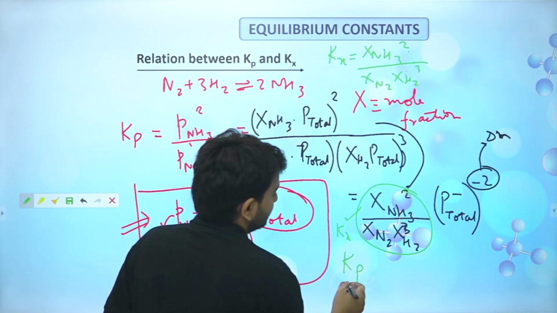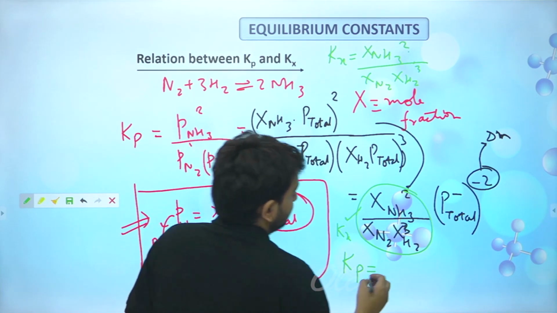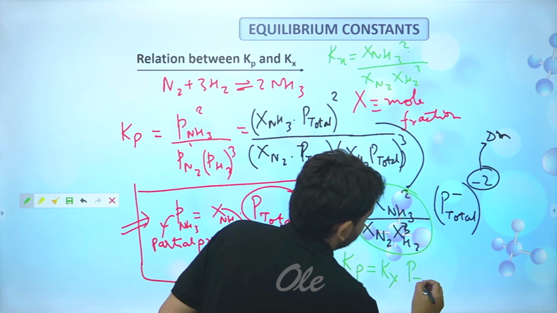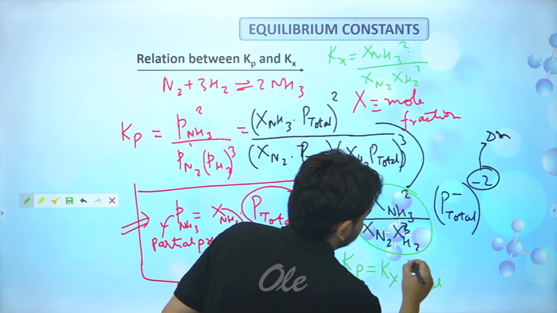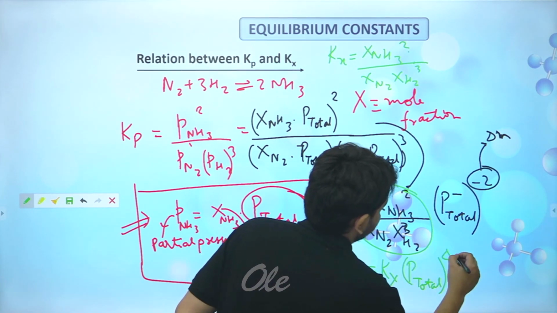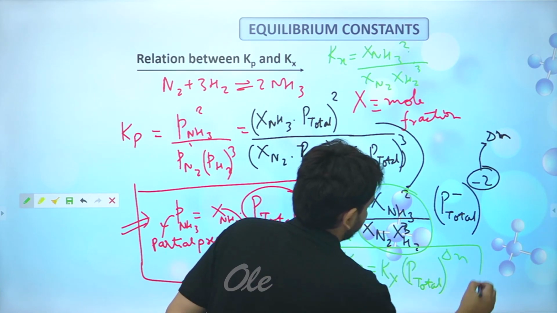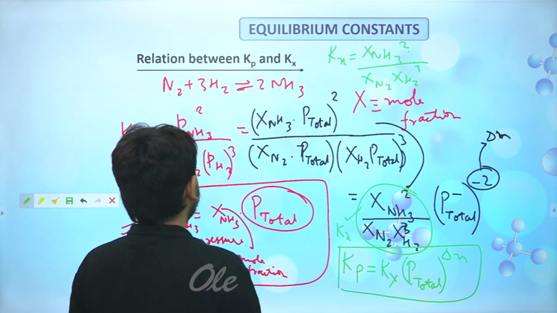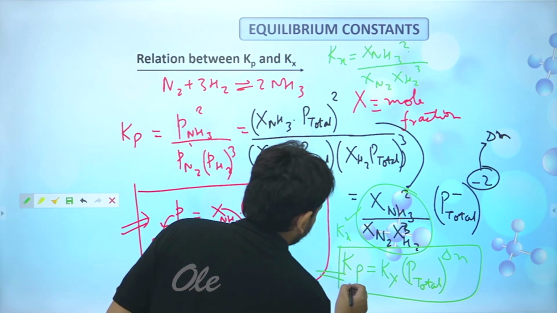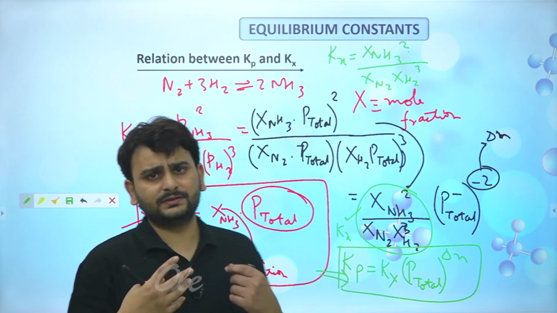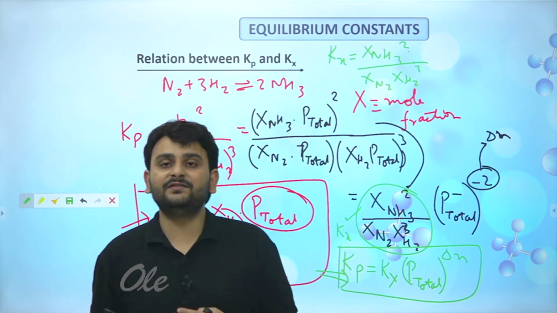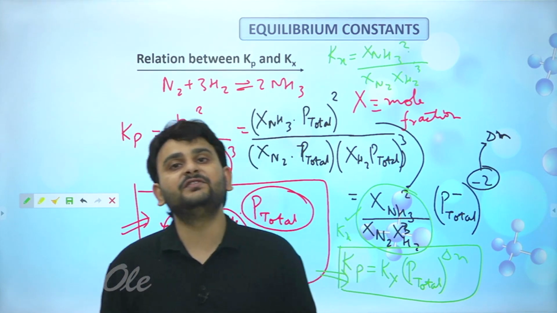So Kp is basically Kx into P total raised to the power delta n, and we've talked about delta n. I hope you've understood this, guys. This is important. This topic of chemical equilibrium is relatively easy, not very easy, but definitely relatively easy.